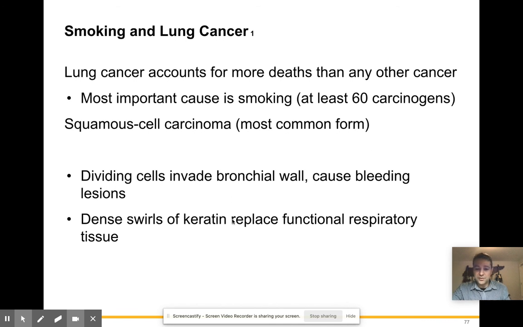Dense swirls of keratin replace functional respiratory tissue. Okay, we spoke about keratin in the integumentary system. Keratin is basically this chemical that is put into dead skin cells, so that your dead skin cells can act like shingles, like they're almost like armor, right? You don't want that in your lungs.